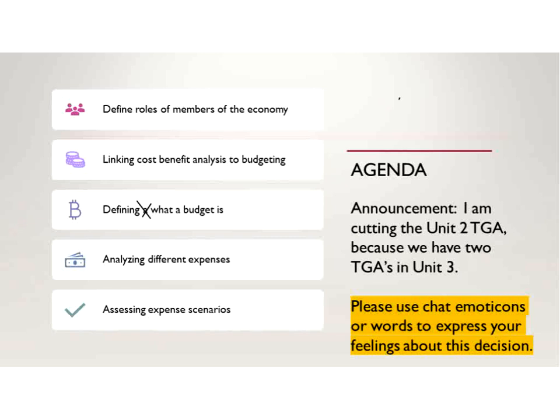Okay, so in the agenda we have an announcement, and I would like you to express your emotions about it. I have cut the Unit 2 TGA because there are 3 TGAs in Unit 3, and it's going to give us all time to catch up on things from the beginning of the semester. So please express your emotions.